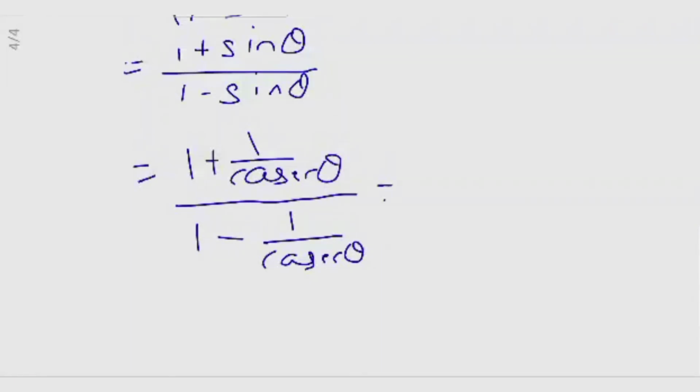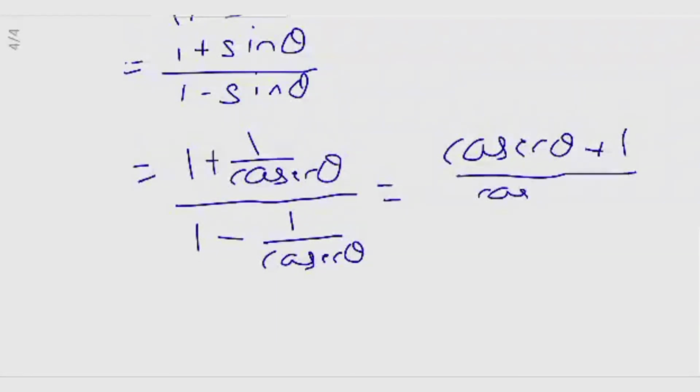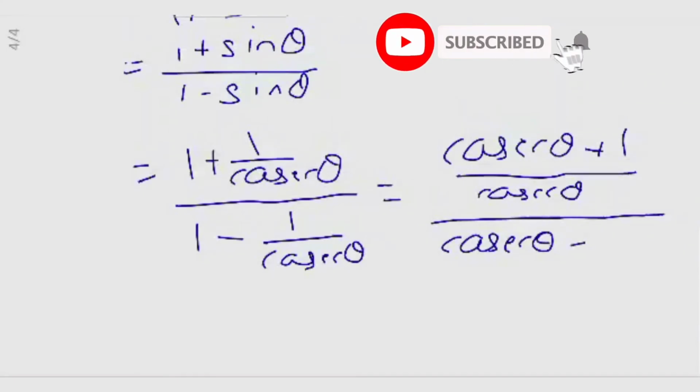So now here in the numerator take LCM as cosec theta, so it becomes cosec theta plus 1 divided by cosec theta, and this divided by, so in the denominator also take cosec theta as LCM, so it becomes cosec theta minus 1 divided by cosec theta.